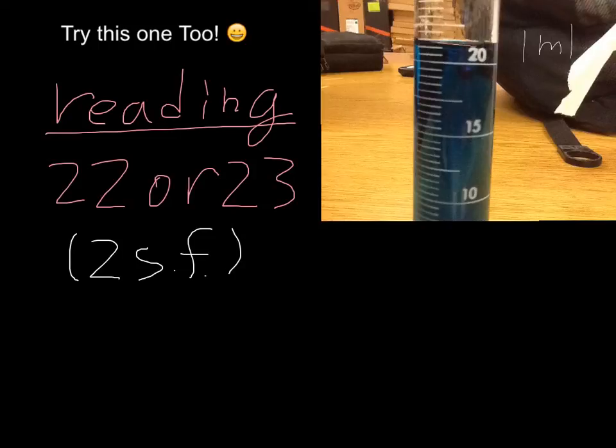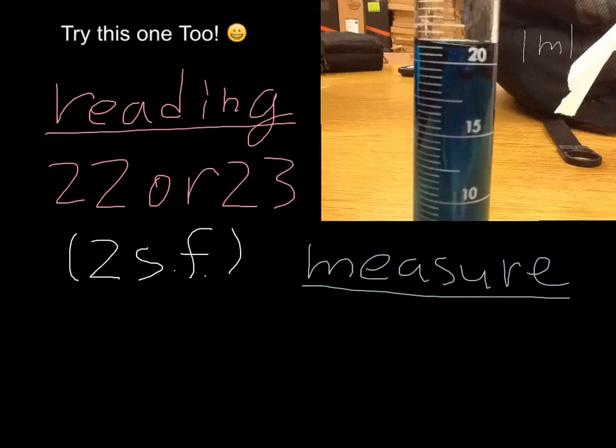Since this is an analog tool, we need to record our measurement with one more significant figure, so our measurement will have 3 sig figs in it. For that third significant figure, we're just going to estimate what it is. This is just me making my own estimation; you could have made your own estimation that's different from mine.